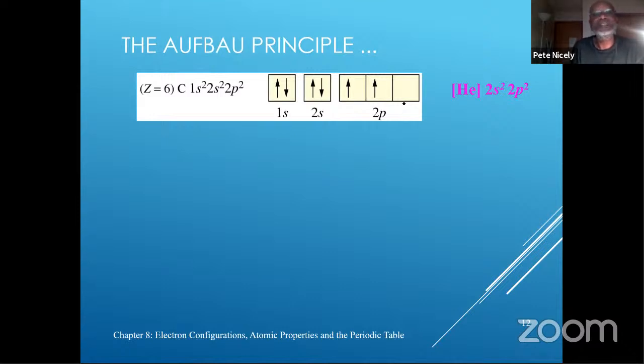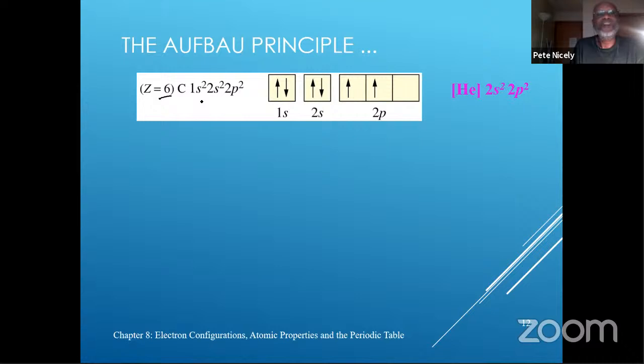So in the case of carbon, this is the full electron configuration, right? Firstly, the atomic number is 6. So the first 2 electrons will go here, the second 2 electrons will go here, and the remaining electrons will go into the 2p subshell, right? And this is the electron in box representation of the electron configuration of carbon.